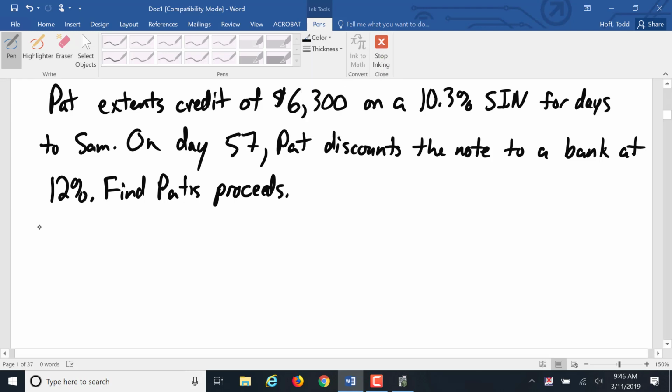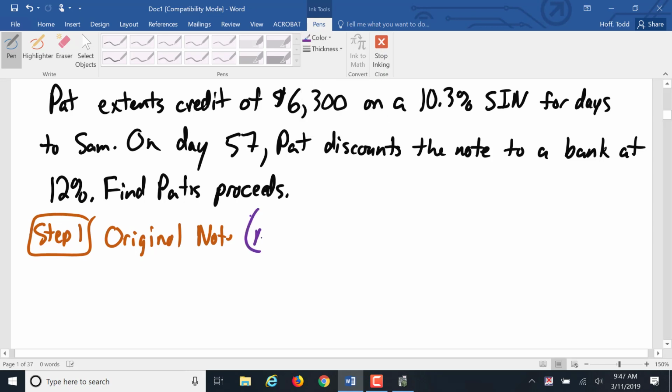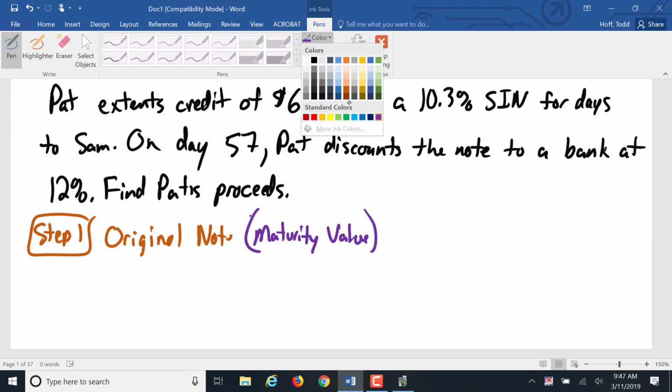So our first step deals with the original note and finding the details of the original note. Most notably, the most important piece is we define the maturity value. Because remember, it's the maturity value of that original note that's going to become the face value of the discount note in the discount process.